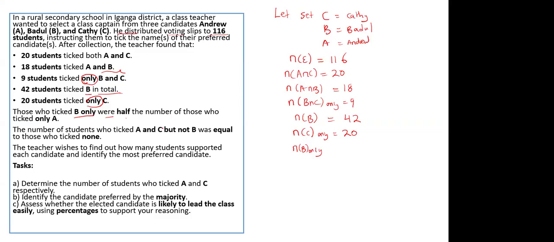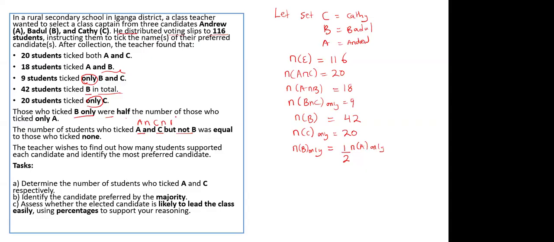And C, but not B. Now, whenever we are writing a negation statement, we write using B prime.